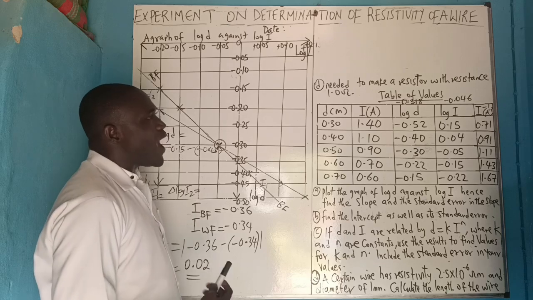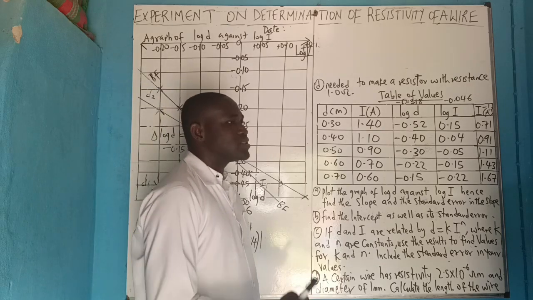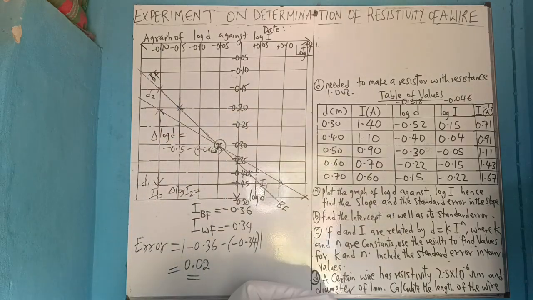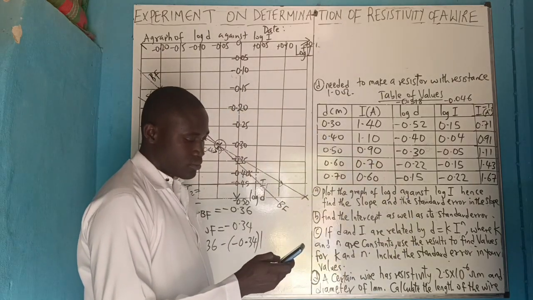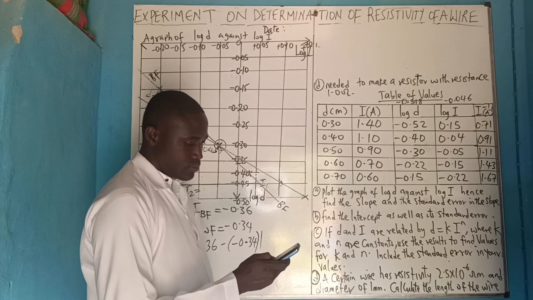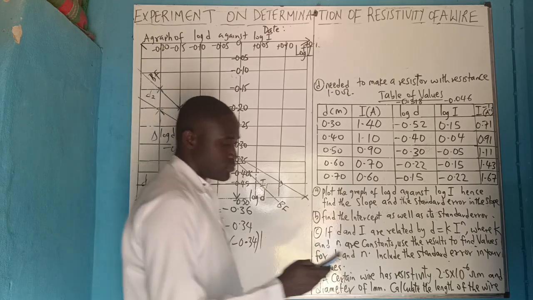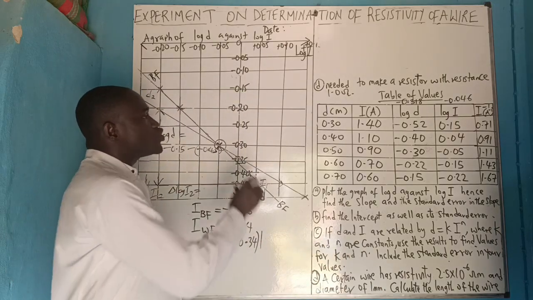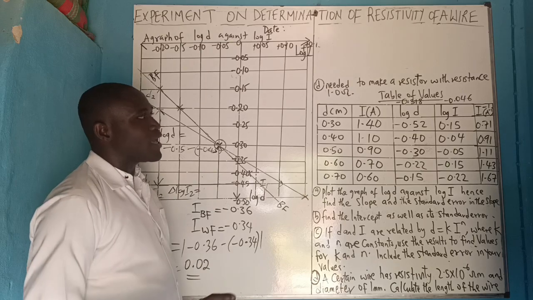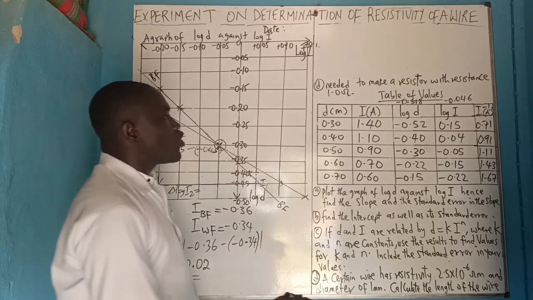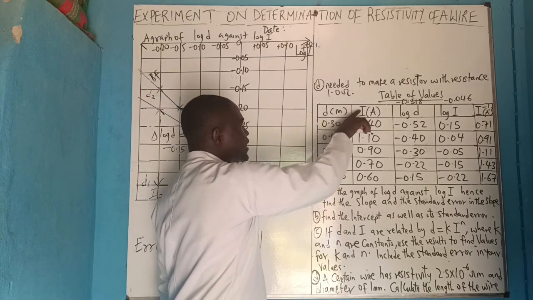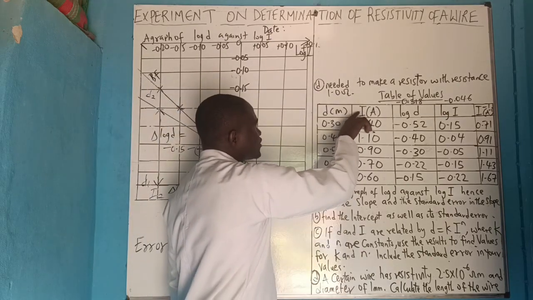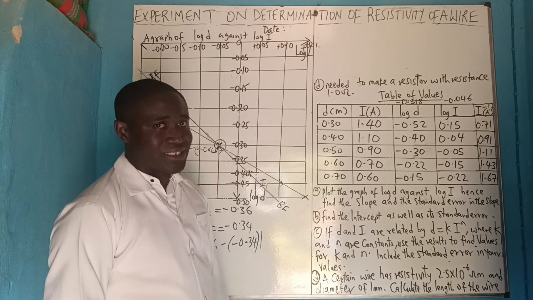Now, how can we get the resistivity of this wire we talk about? For us to get the resistivity of the wire, it means that we are going to plot the graph of D against inverse of I. Plot the graph of D against inverse of I. Are you getting it?